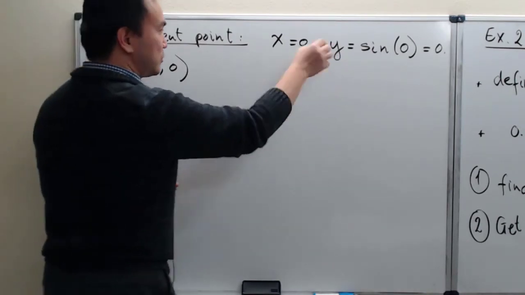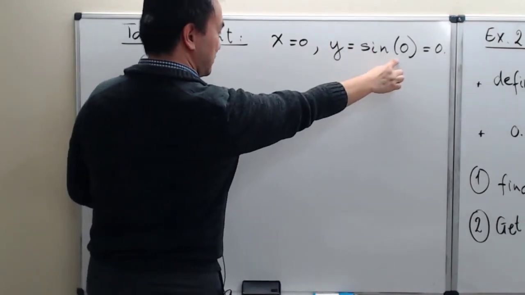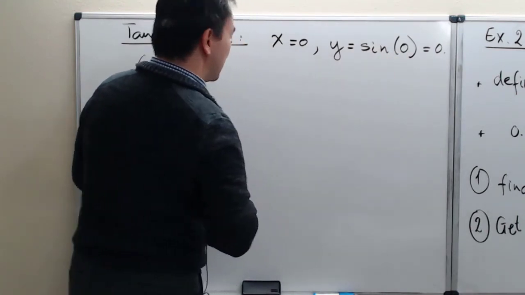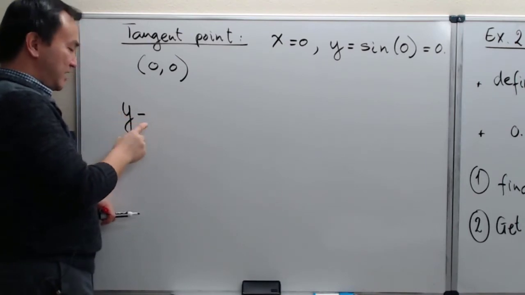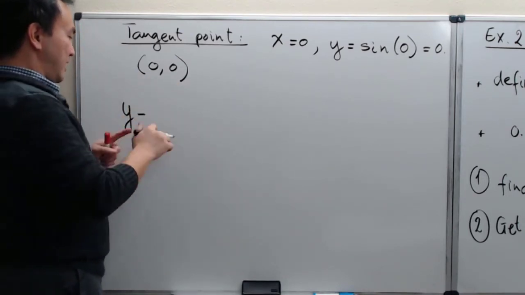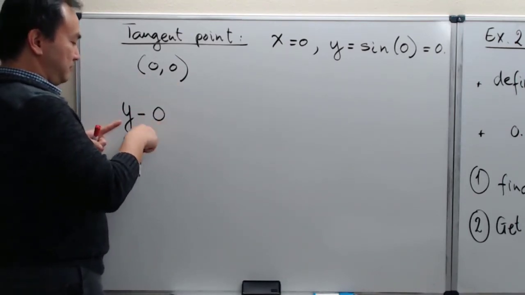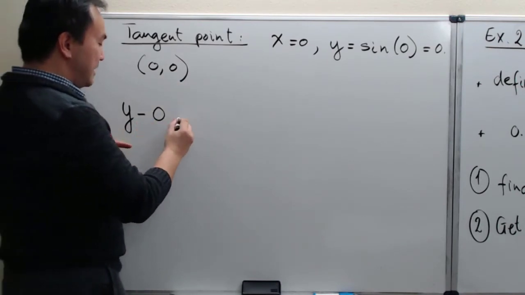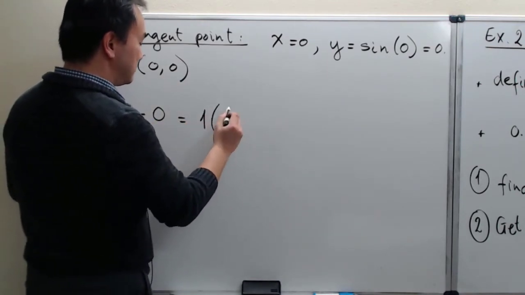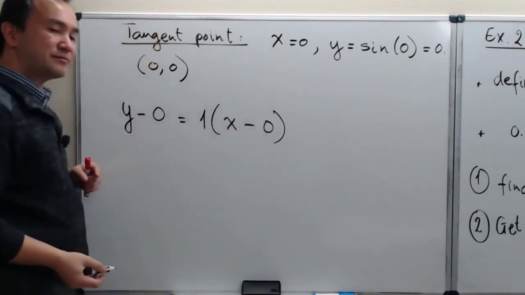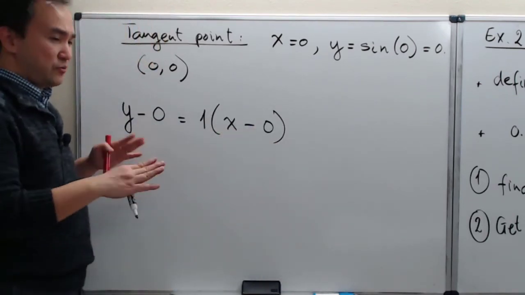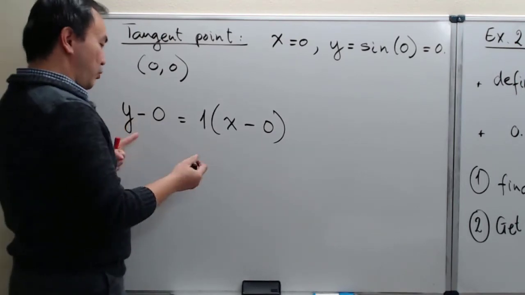That's why I can substitute the given x value into the function to find the y component of the tangent point. But now for the equation of my tangent line, I'm using that same tangent point again: y minus 0, the y component of the tangent point, equals 1, the slope, multiplied with, in parentheses, x minus 0. Okay, and now all of a sudden it's ready. y minus 0 is just y.